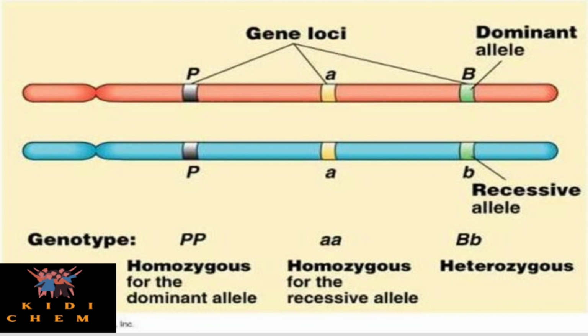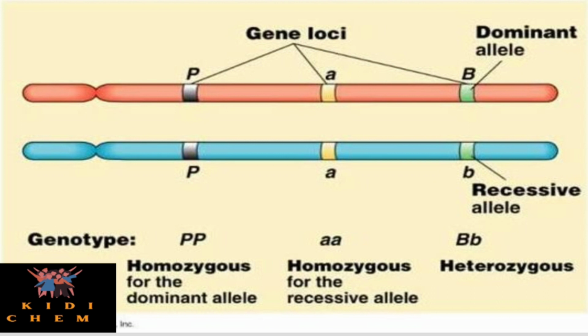Now this can be better understood from this figure. You can see in the red chromosome capital P, small a and capital B. Here capital B is a dominant allele. It is present on a particular gene locus. In the blue chromosome you can see capital P, small a and small b. Now small b, in green color, is a recessive allele. What will be the genotype?